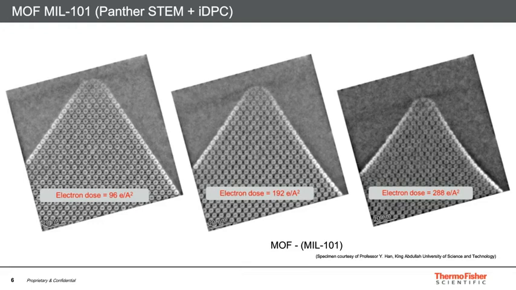And we made another scan, where the electron dose was increased to 192 electrons per square angstrom. You can see the outside of this sample is already curving. That's shown in the middle image. Then we made a third scan, and in the right-hand side image, you can see the sample is already being destroyed. So this is how sensitive MOF samples are to beam damage. Very, very easy to get damaged.